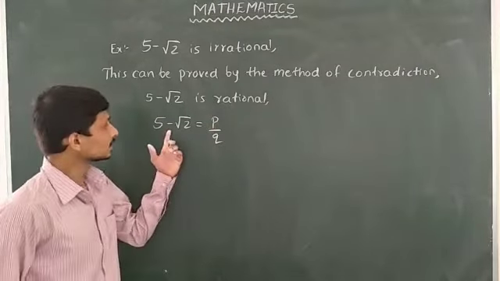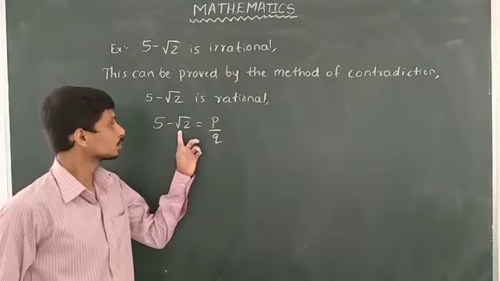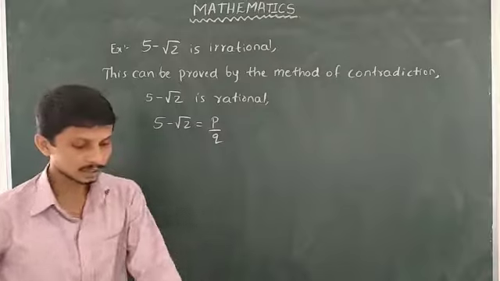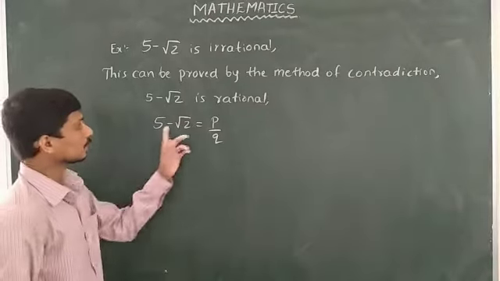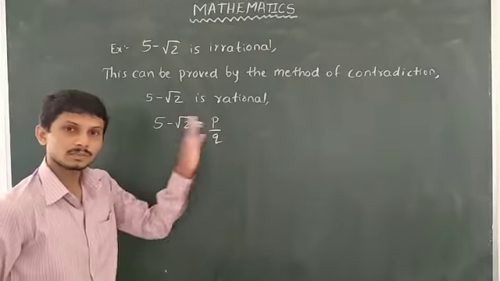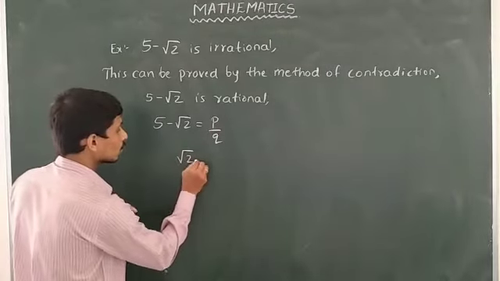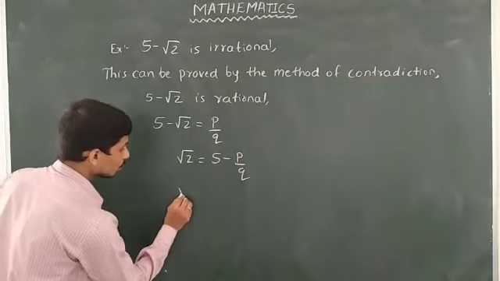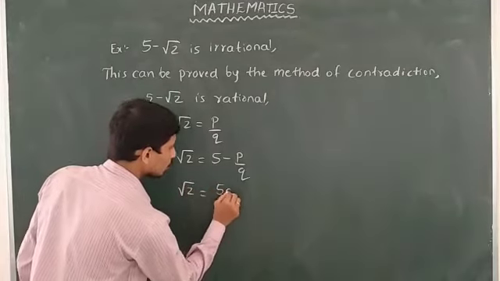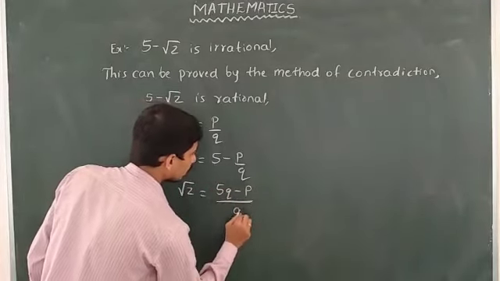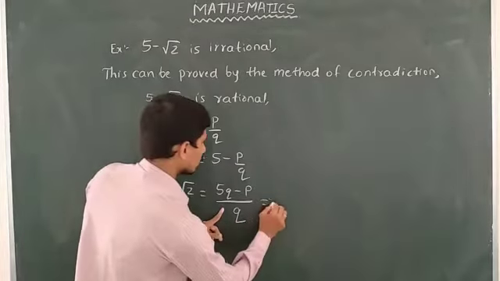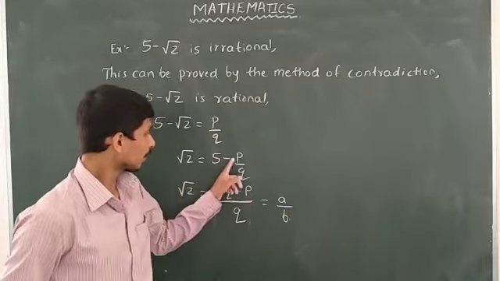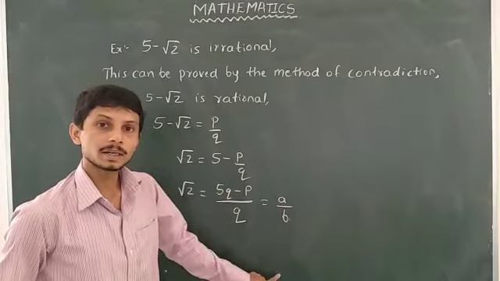So let us transpose minus root 2 to the RHS and p by q to the LHS. So root 2 is equal to 5 minus p by q. That means root 2 is equal to (5q minus p) divided by q. So it is in the form of a divided by b. That means 5 minus p by q is in the form a divided by b.